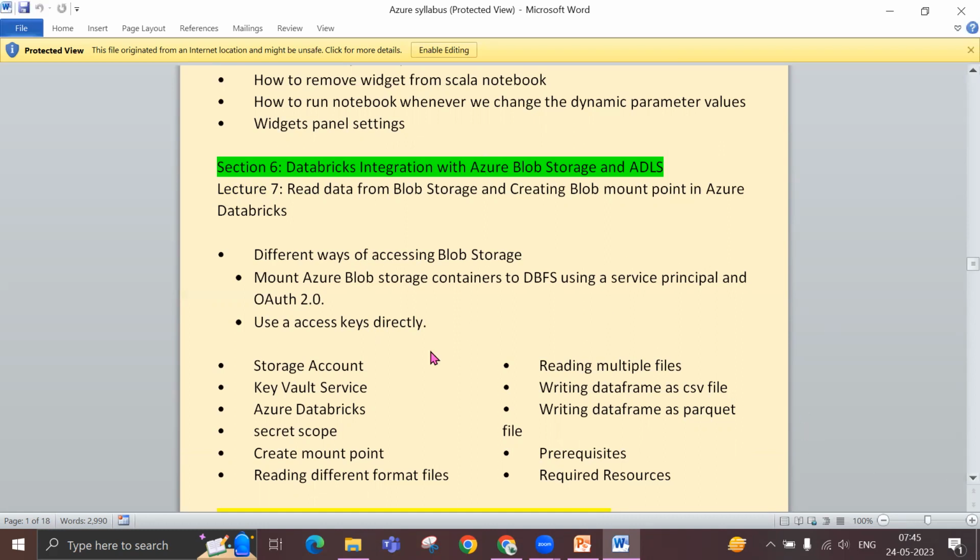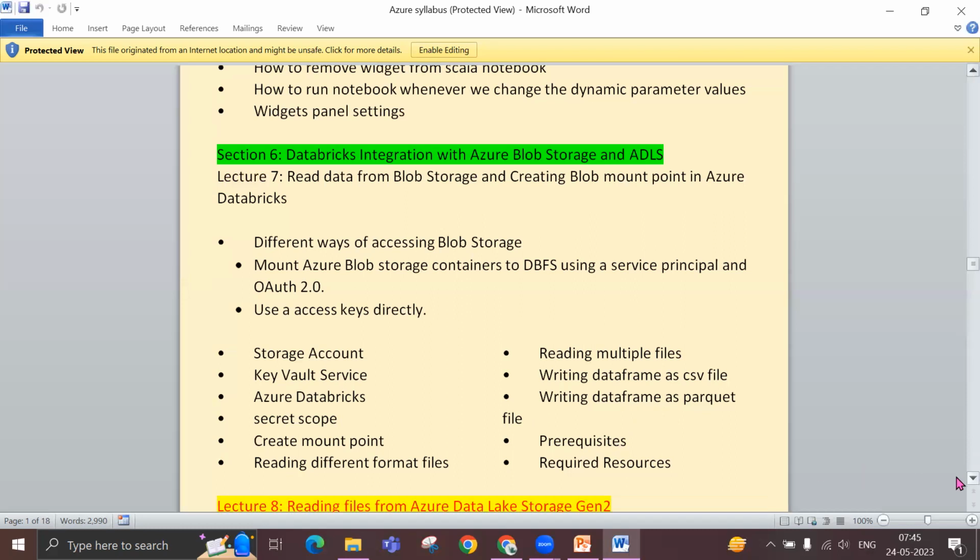Then the Key Vault service. We know what Key Vault is, as we discussed it, and we will see how it can be used in Azure Databricks. We'll also read files of different formats and multiple files. Another concept is the data frame. What is a data frame? That's again a new term when it comes to Databricks.